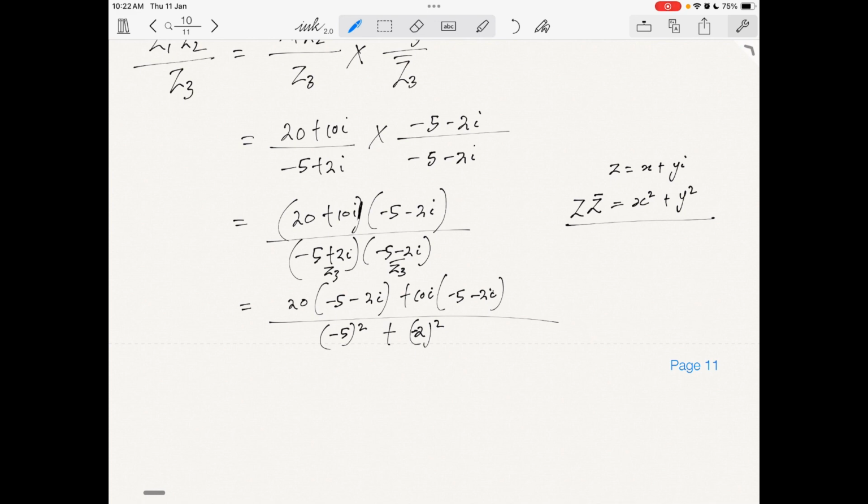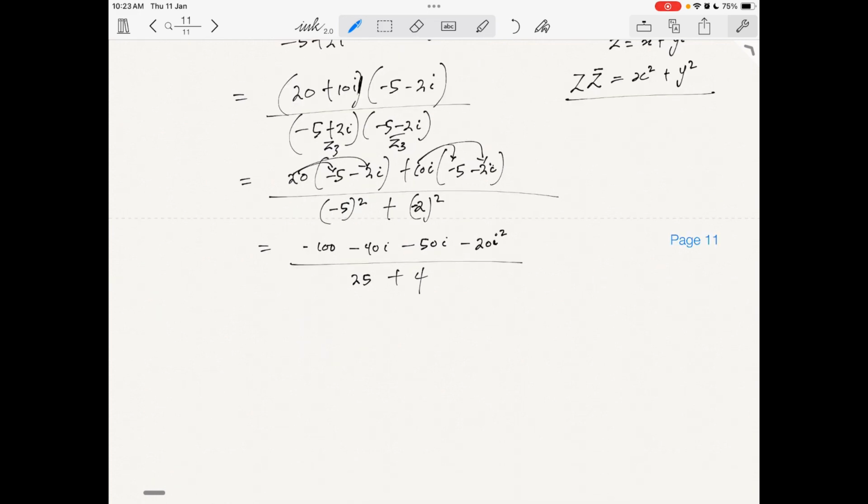Minus 2 squared and 2 squared is the same thing. So we have 20 multiplied by minus 5, which gives us minus 100, and 20 multiplied by minus 2 gives us minus 40i, and 10i multiplied by minus 5 will give us minus 50i, and 10i multiplied by minus 2 will give us minus 20i squared. The denominator gives us 25 plus 4.